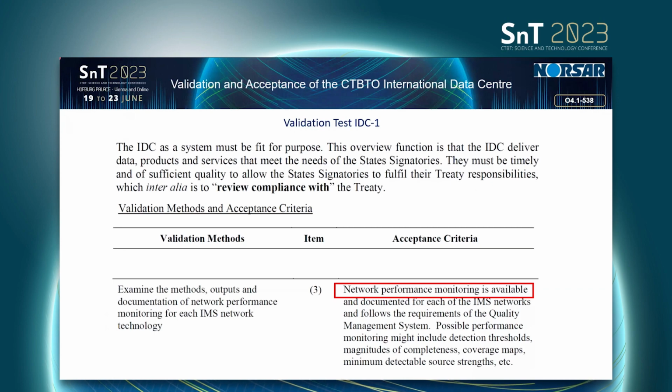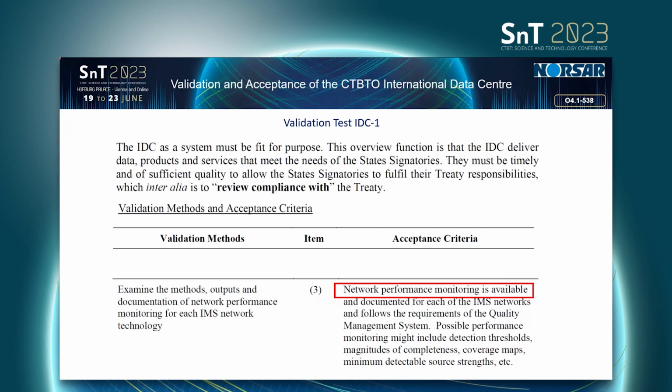And then with relevance to performance monitoring, several of you are aware of the so-called validation acceptance test plan for the commissioning of the IDC. And one of the validation tests is about the performance monitoring that is available for any system.